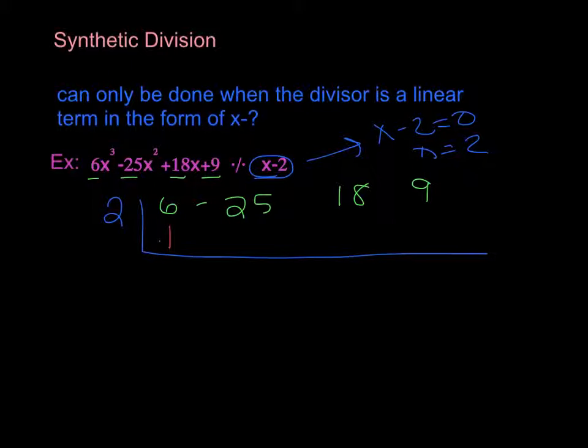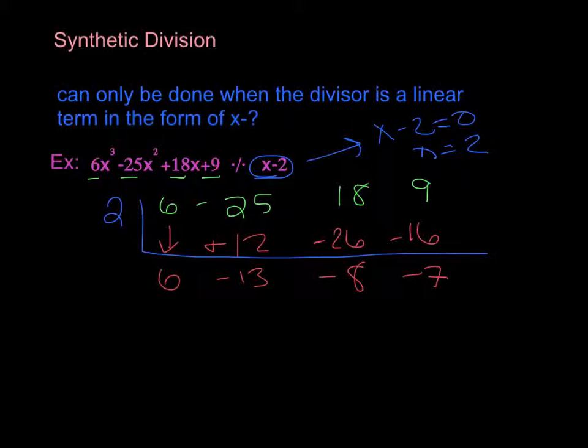Then you're going to pull down the first term. 2 times 6 is 12. Then you're going to add negative 13. And then 2 times negative 13 is negative 26. 18 minus 26 is negative 8. 2 times negative 8 is negative 16. And then 9 minus 16 is negative 7.